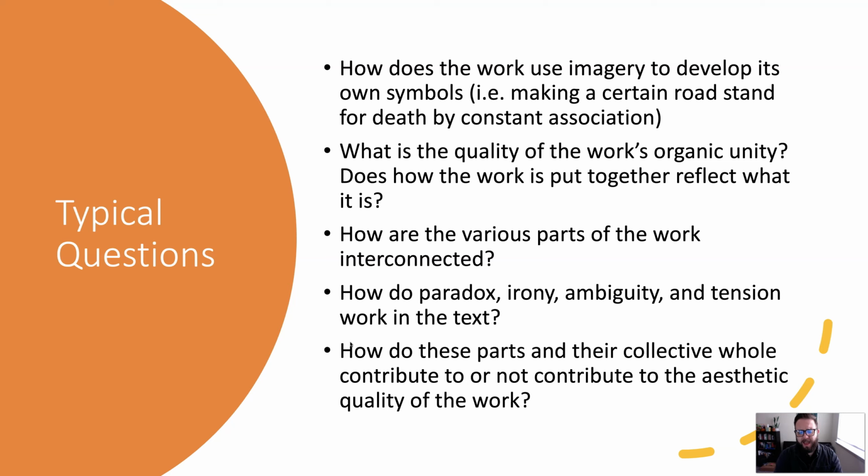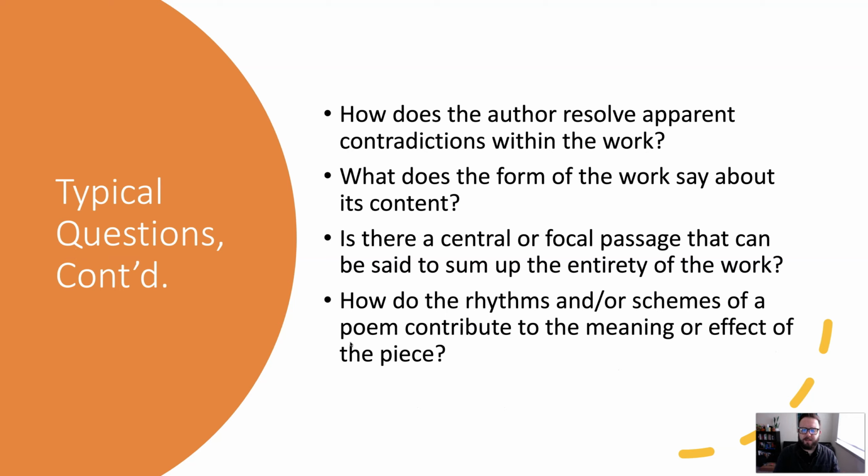Other questions. How do these parts, paradox, ambiguity, irony, how do the parts in their collective whole contribute or not contribute to the aesthetic quality of the work? What sense of style does the work have? How does the author resolve apparent contradictions within the work?